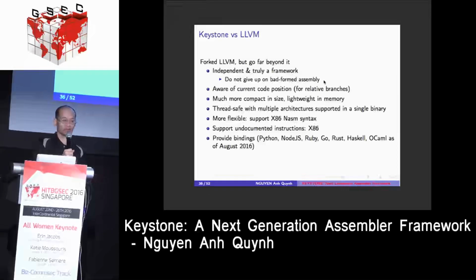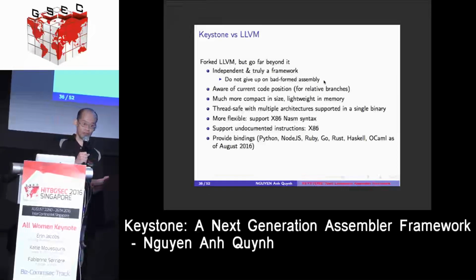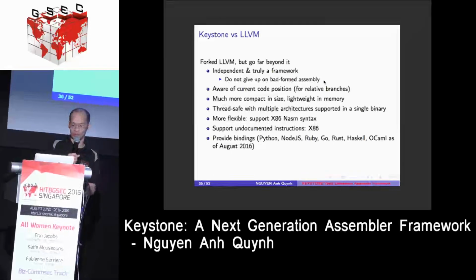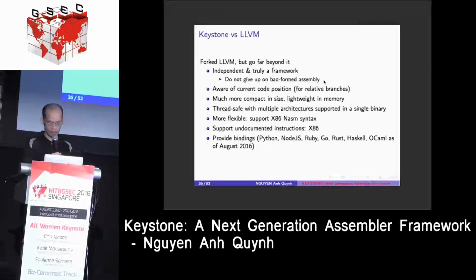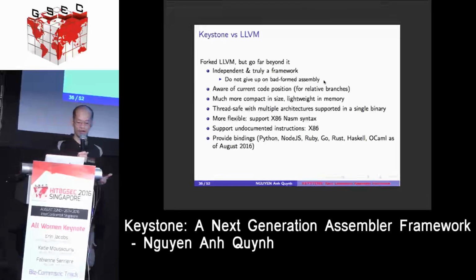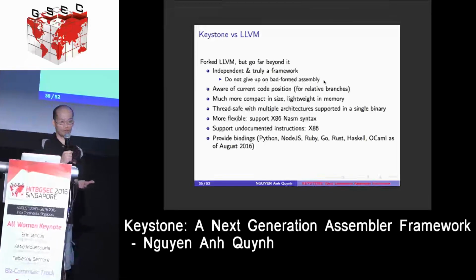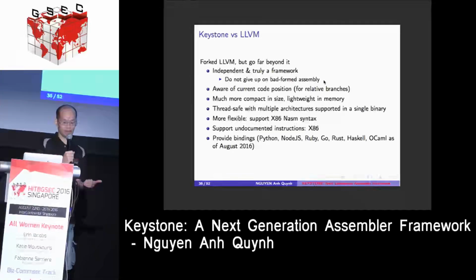I think LVM, they do not care about undocumented instructions, but Keystone, I want it to be very flexible and to build things that sometimes really serve some applications in security communities. So yeah, we support many undocumented Intel instructions. And finally, Keystone provides many bindings on top of that, and LVM doesn't.